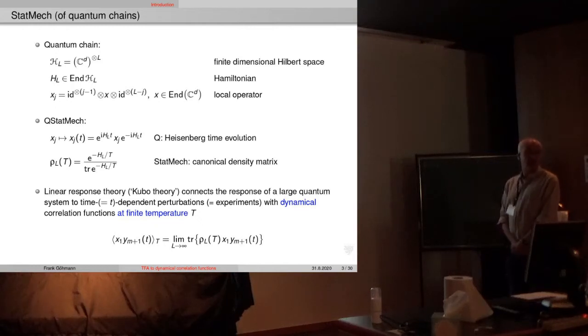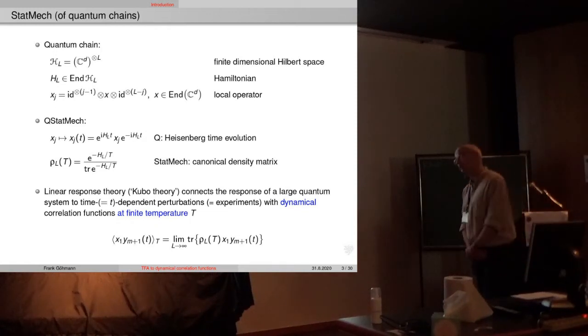An experiment is a time-dependent perturbation, so it explains how experiments are described by dynamical correlation functions at finite temperature. Those are the usual conditions for experiments. Temperature is always finite, and correlation functions in most interesting experiments are dynamical. So in neutron scattering, you have dynamical correlation functions. In ESR experiments, you have dynamical correlation functions.